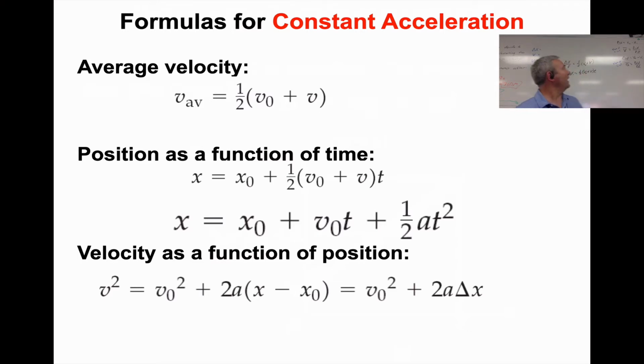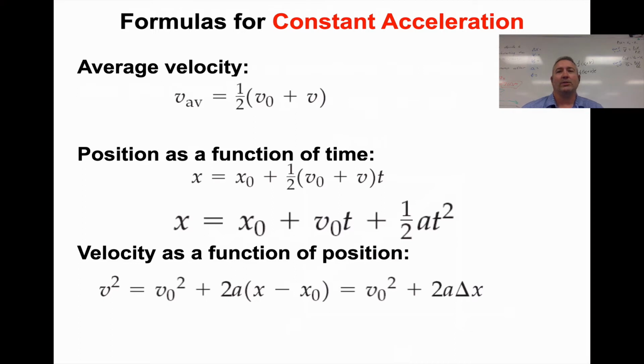So I usually write it as delta x, but you can write it as x equals x0 plus 1/2 (v naught plus v) times t. The other one here is position as a function of time. That occurs when we take the first formula that I mentioned, the rearrangement of acceleration, and solve it for final velocity, and we substitute the final velocity into this formula above it.